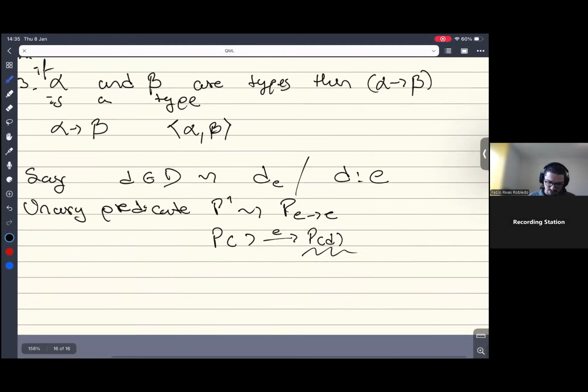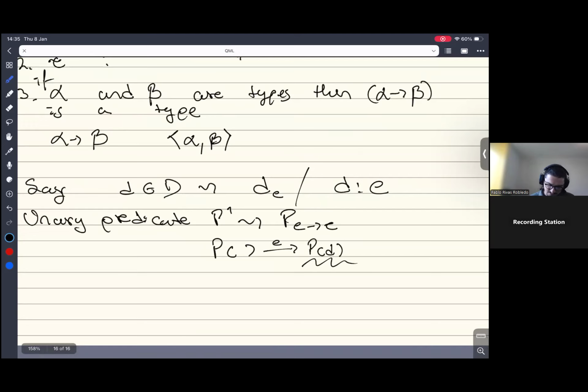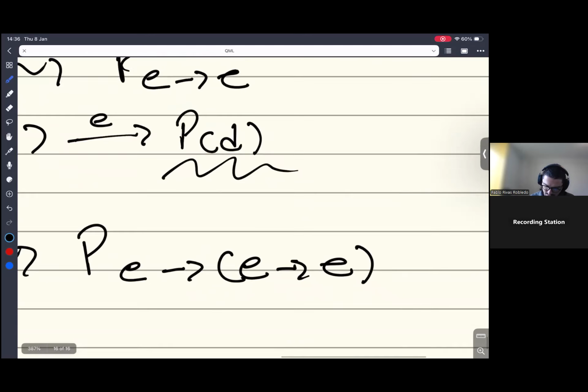Now, we can do something similar for binary predicates. Let's say that P2 will have type E to E to T. Oh, this is horrible.